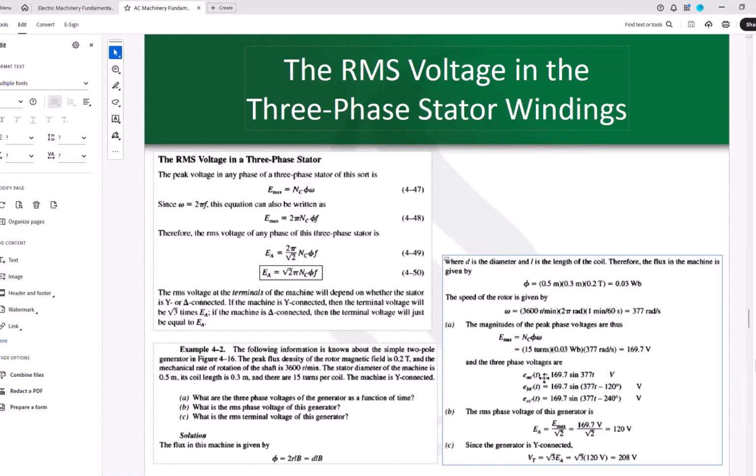And the three-phase voltages would be the maximum times sine of omega t, the maximum times sine of omega t minus 120, and plus 120, or minus 240, right? The RMS voltage would be just the maximum value divided by square root of 2, which becomes 120 volts. And the terminal voltage, the line-to-line voltage at the terminal, would be square root of 3 times EA, which would be 208 volts.